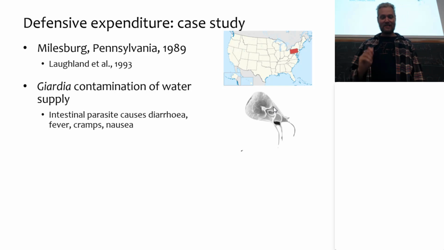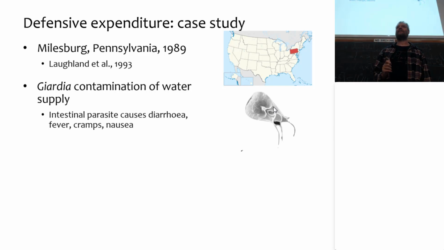Now, Giardia is something that you want to avoid. It's a little bacterium that swims in water. If you get it, it's absolutely bad for you. Really violent diarrhea, fever, cramps, nausea. You really want to avoid this.